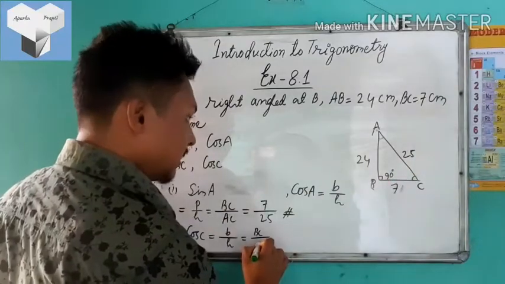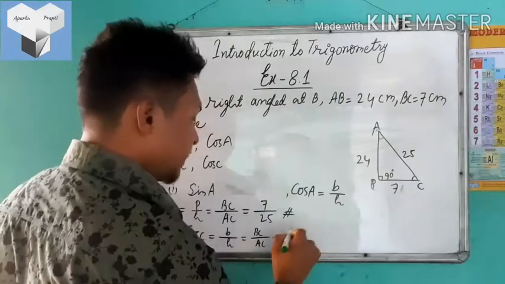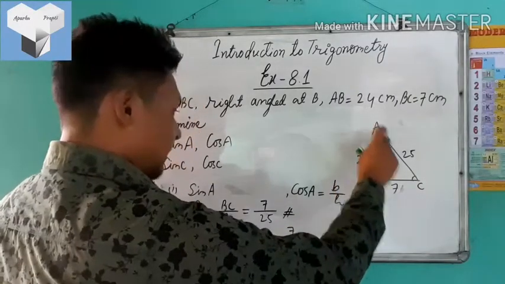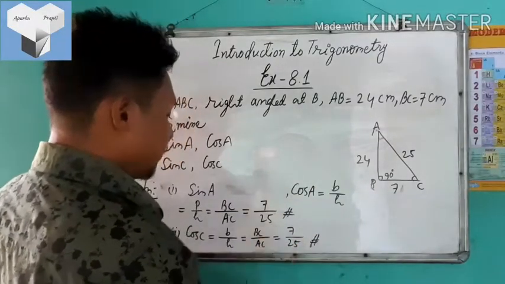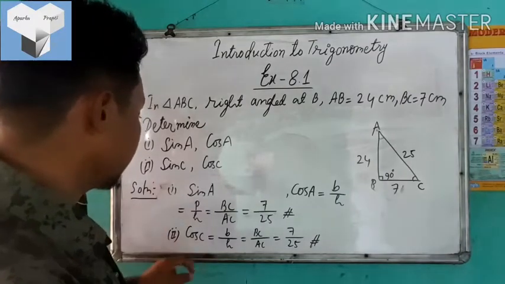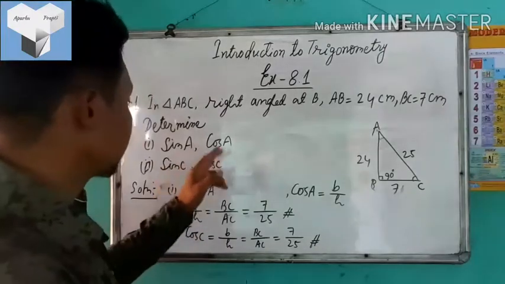That is AC. Value of BC is given as how much? 7. And AC is how much? 25. Oh, amazing. Both answers look the same. It doesn't matter.